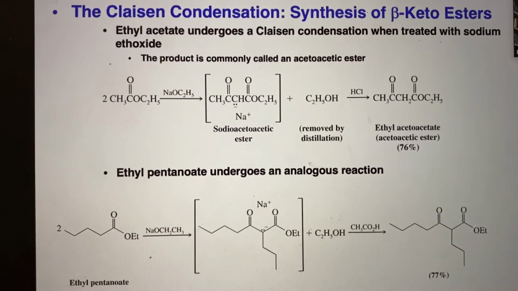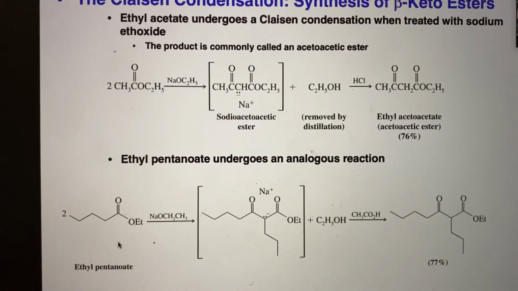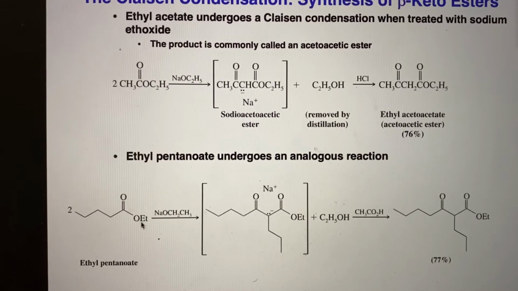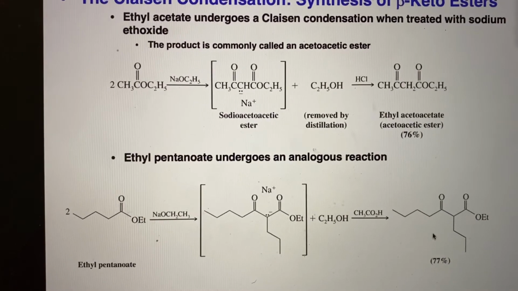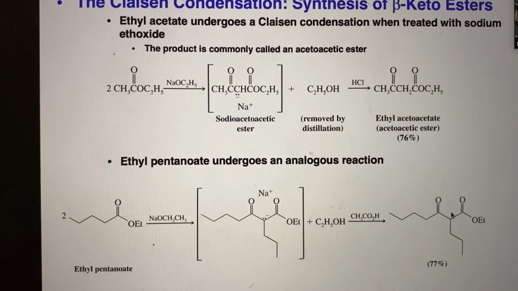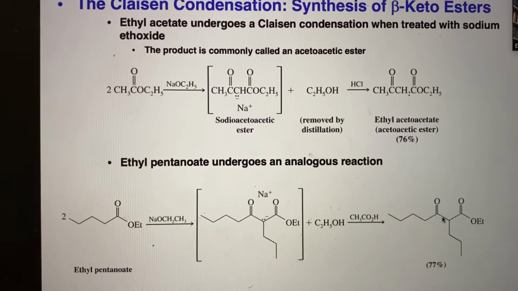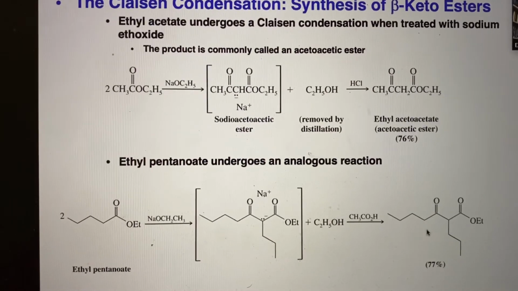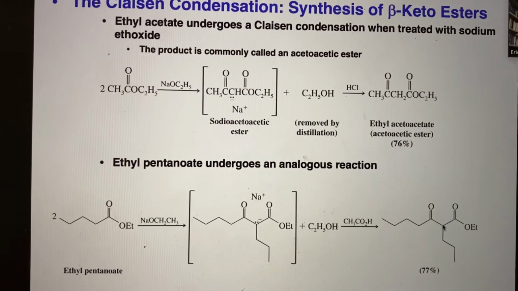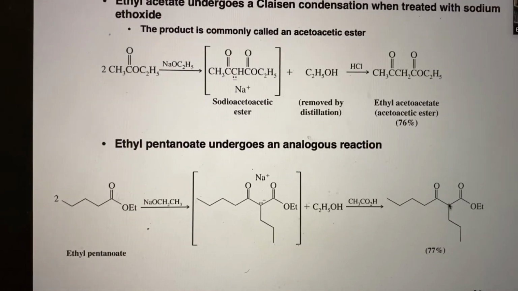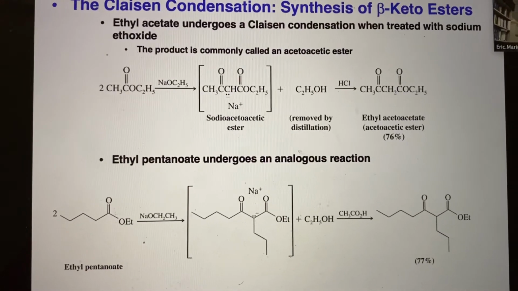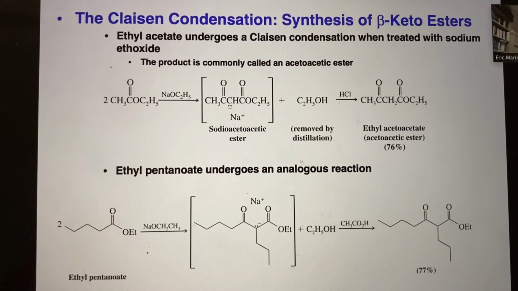Here's just an example of its utility. If I take this molecule here, which is ethyl pentanoate, I generate 77% of this keto ester. And notice, could I do chemistry with this keto ester? Absolutely. All of you guys should recognize this product has an acidic proton here. So what if I asked you to alkylate it using methyl iodide or benzyl bromide?